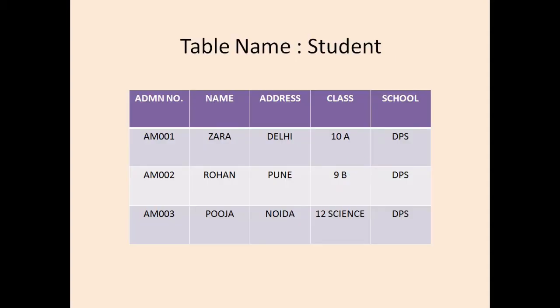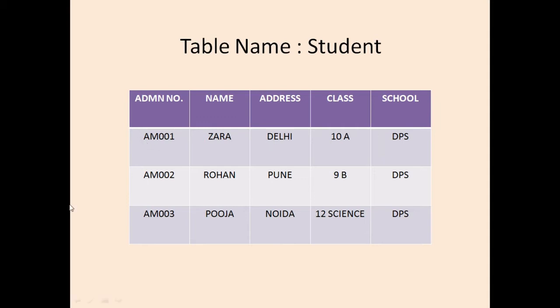So this is a student table. Attributes are admission number, name, address, class and school. We have 3 tuples in this table. By tuples I mean the rows.